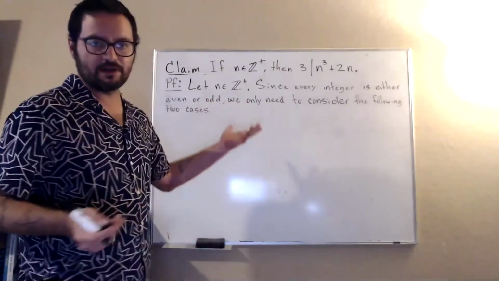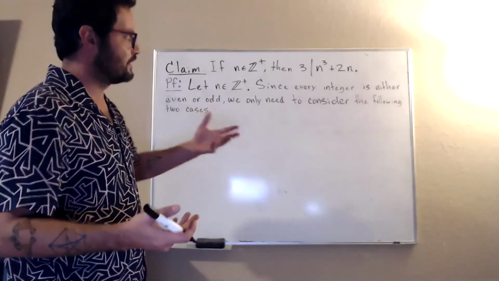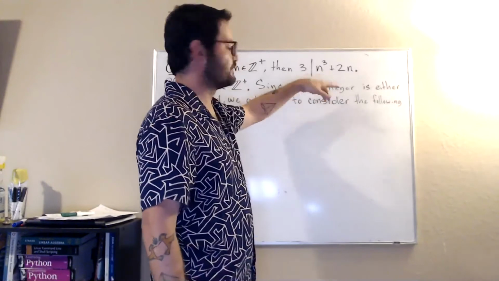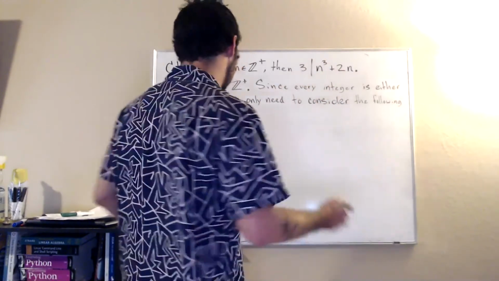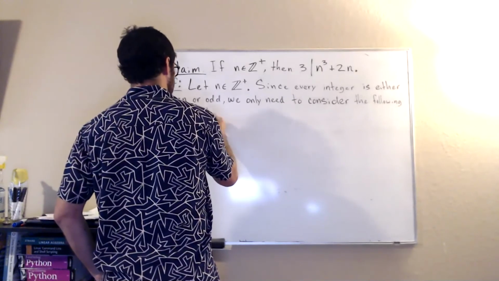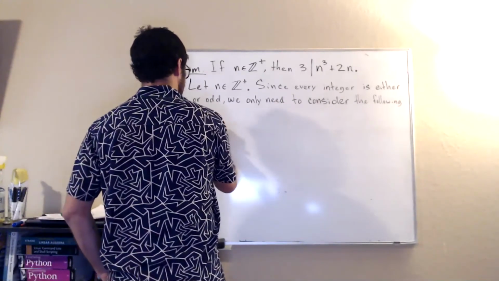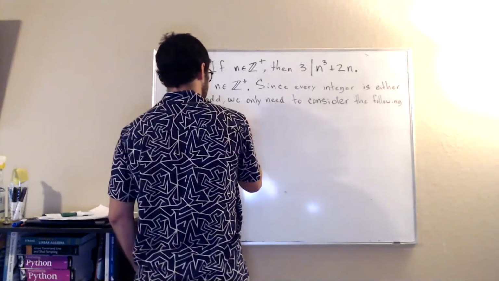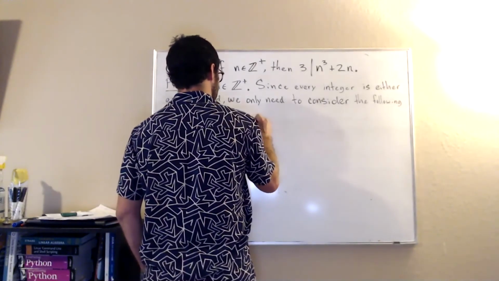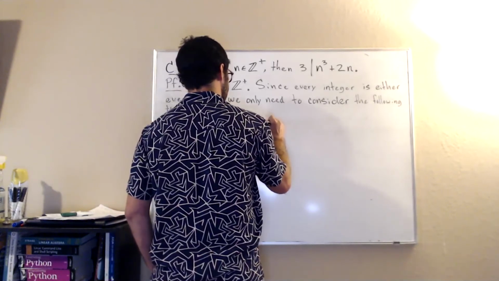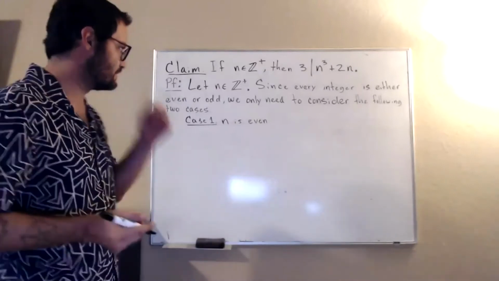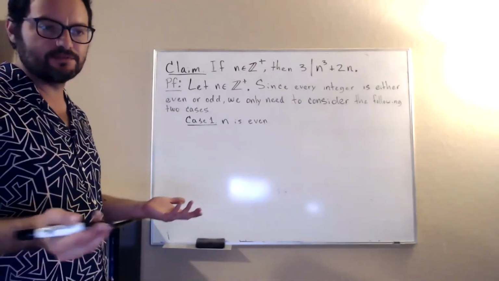Right, so it's even or odd, right? n is either an even number or an odd number. So if we prove it for even and we prove it for odd, then we're done, right? So case one: n is even. Right, so this is back to the very beginning of the semester. If n is even, then n is equal to 2 times some integer, right?